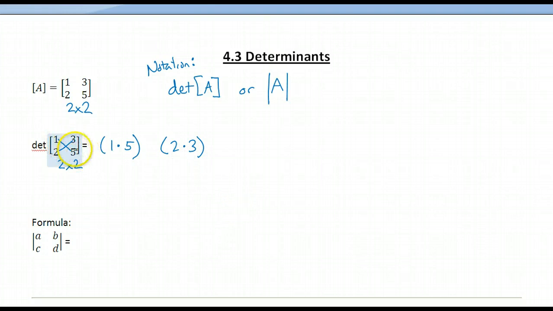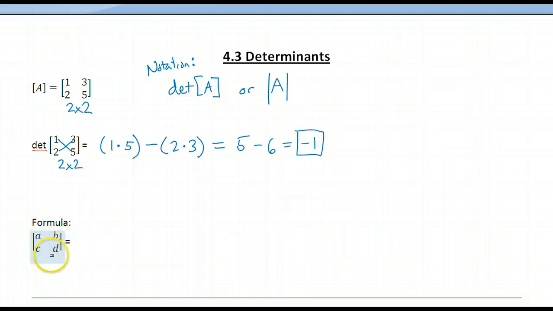So I'm going to take my down diagonal and my up diagonal and subtract those two numbers. I'm going to take 1 times 5 and subtract 2 times 3. So the determinant of this 2 by 2 matrix is -1.